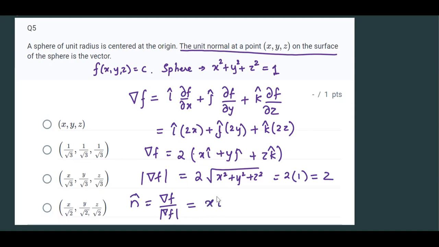You will get xi plus yj plus zk. So therefore the unit normal, the coordinates are given, it is a vector coordinates. So this is x comma y comma z. This is the correct answer. All right. Is that clear? Yes, sir. Okay. So let's move on.